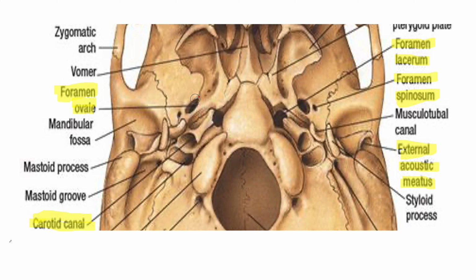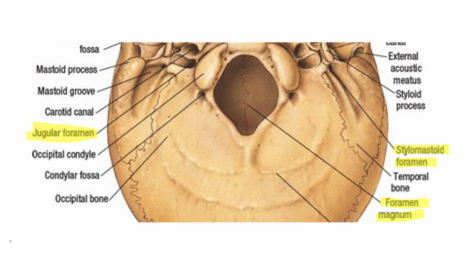Here we have foramen ovale, foramen spinosum, carotid canal, jugular foramen, foramen lacerum, external acoustic meatus. Lastly, we have stylomastoid foramen, foramen magnum, and this one here is hypoglossal foramen.